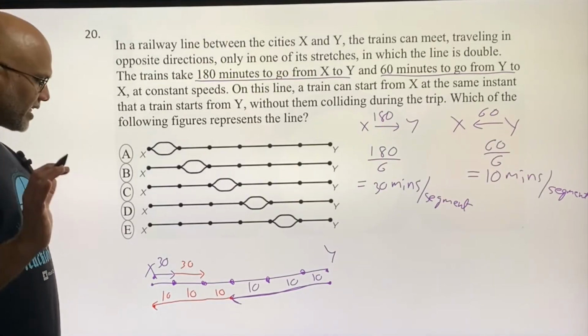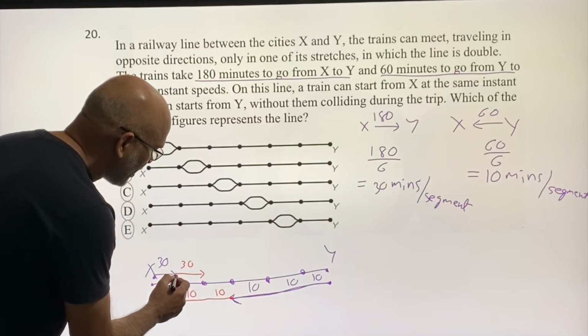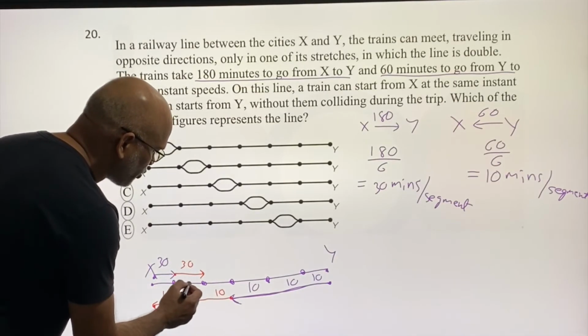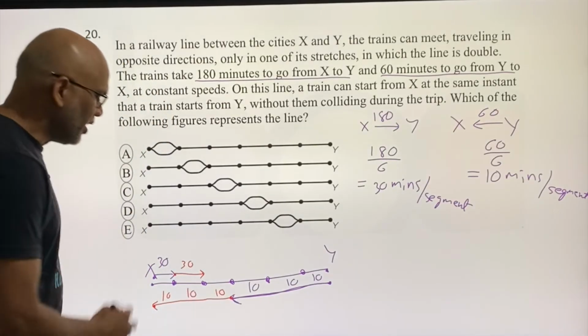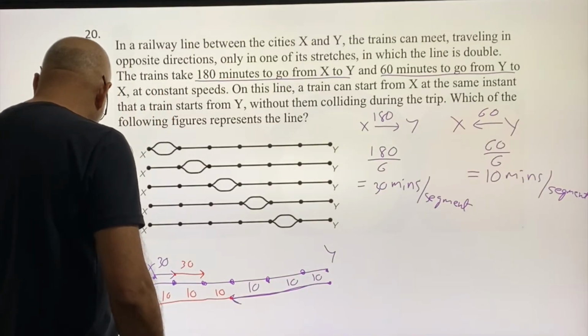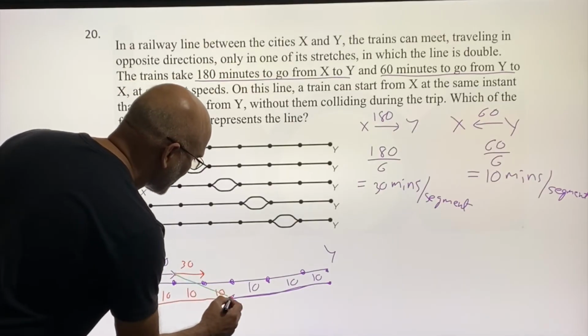So as you can see, when this train is going from here to here, this train is going to cross it somewhere, right? So they are going to cross each other. So when this train is here, let me change the color again. When this train is here, this train is here.